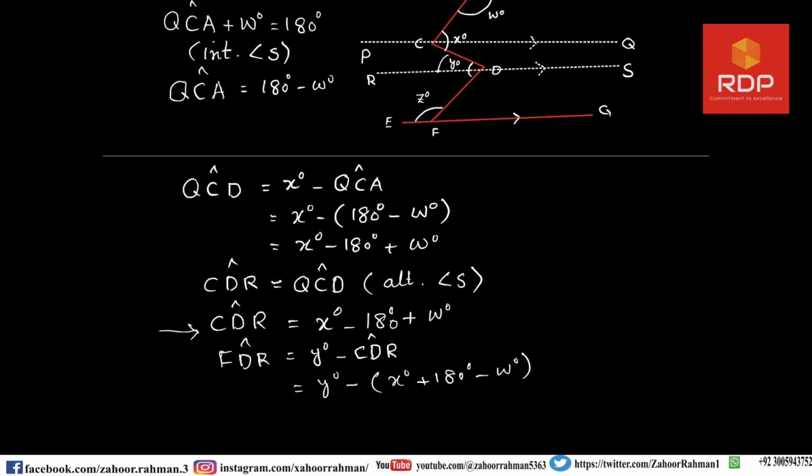So ladies and gentlemen, we put in the value, and gradually we are finding the values in terms of x, y, w, x, y, z. A general formula we will derive. So we found these values of FDR, and then we got this equation.